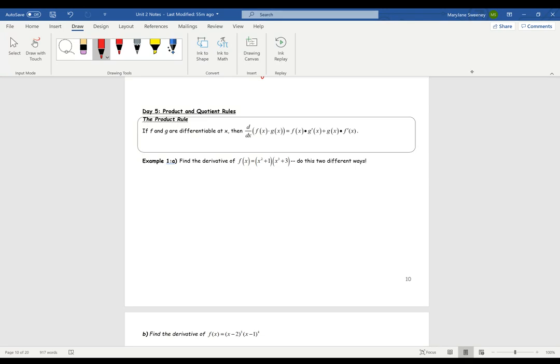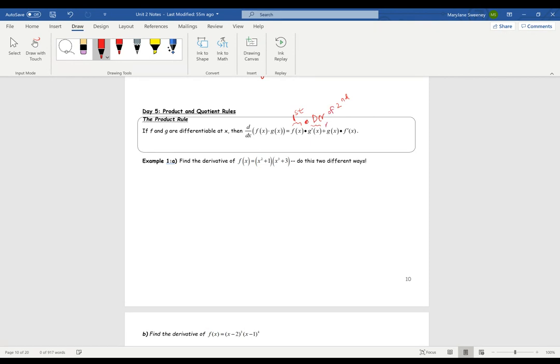Well, sometimes the way I say this is I will say this is the first, the first factor, and then it's times the derivative of the second factor. Derivative of the second.